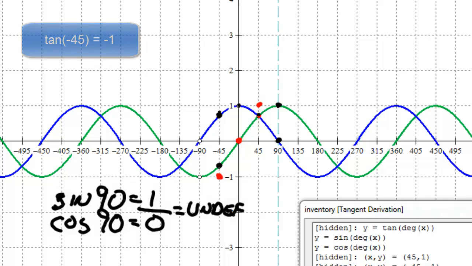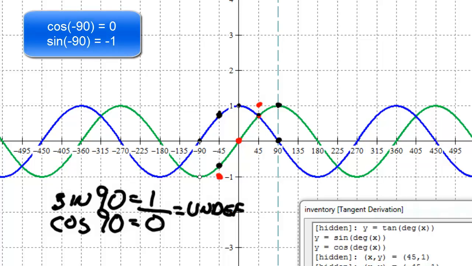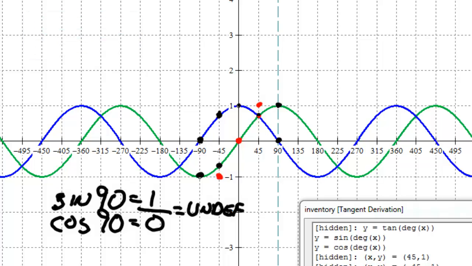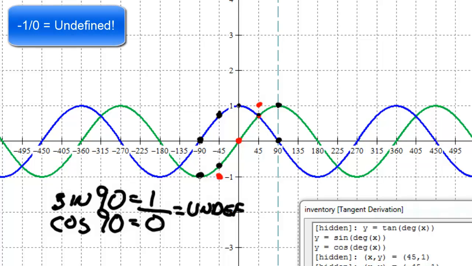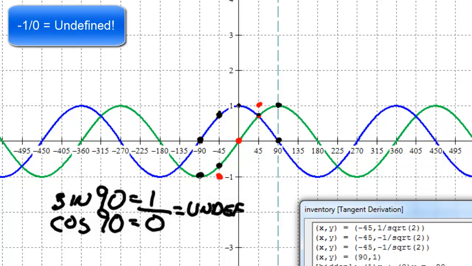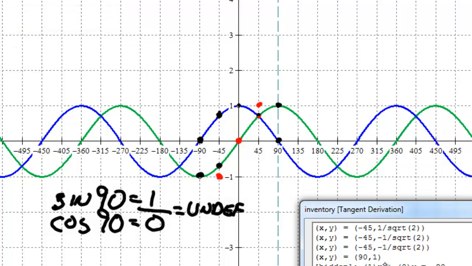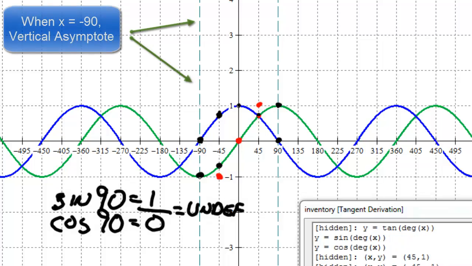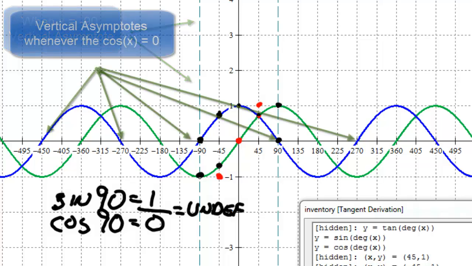At negative 90, we have the same problem we had at positive 90. Our cosine value is 0, and our sine value is negative 1. But again, sine over cosine is negative 1 over 0, undefined, which means we need another asymptote there. So whenever the cosine is equal to 0, we're going to have asymptotes.